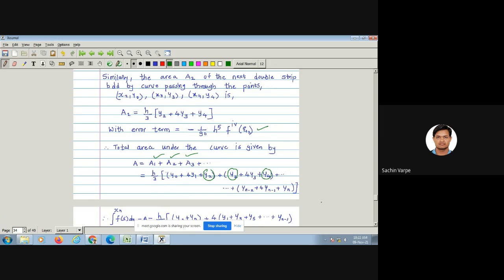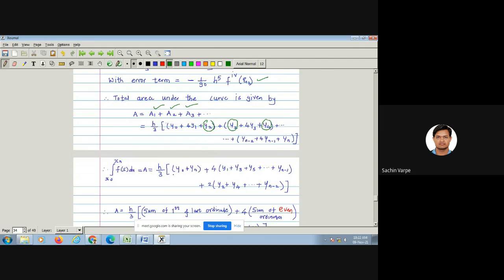When I combine these terms, I'll get the expression h by 3 into [y0 plus yn plus 4 times (y1 plus y3 plus y5 and so on up to yn minus 1) plus 2 times (y2, y4, and so on)].